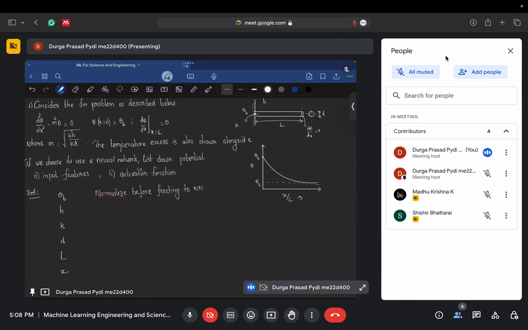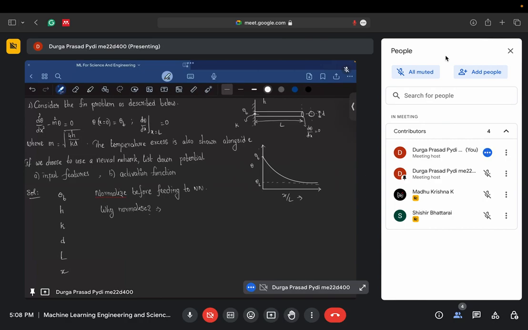Why should I normalize it? We discussed this before. Do I have to normalize, or can I just feed the actual values?